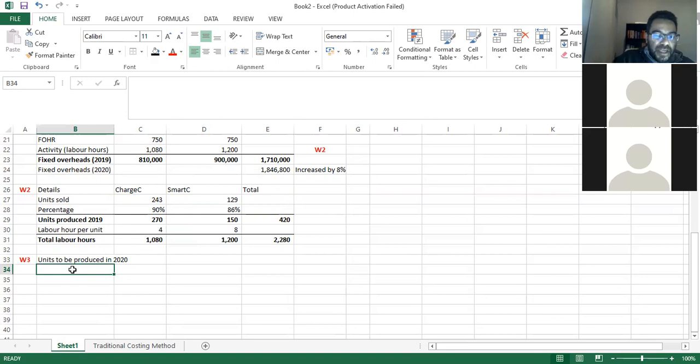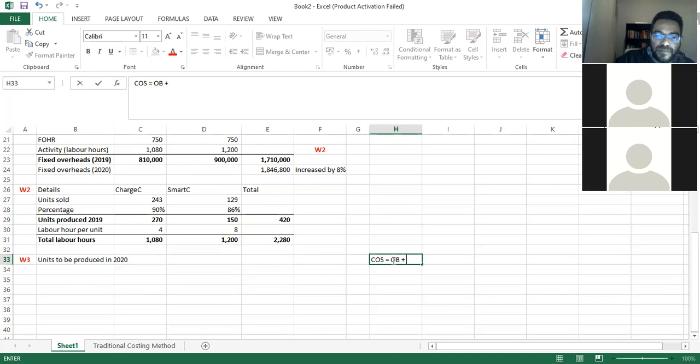Okay, so here we're going to have opening. So remember, if you have a look at the cost of sales formula, cost of sales equals opening plus purchases or plus production minus closing. Okay, so we're looking for the P, production. So therefore, production is equal to cost of sales, which is your sales, minus opening plus closing.